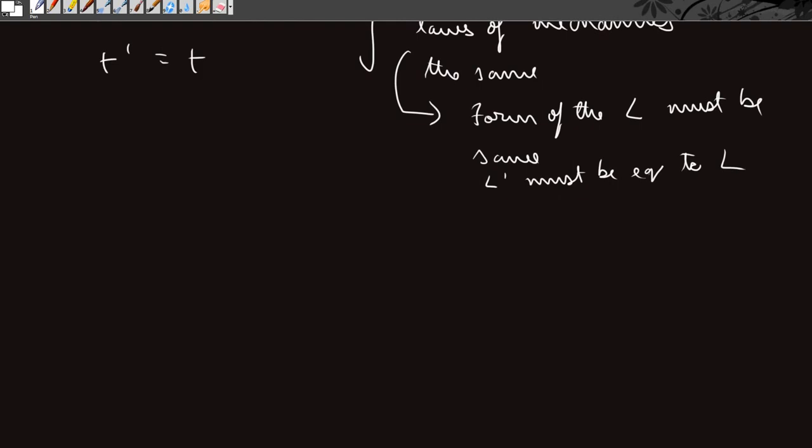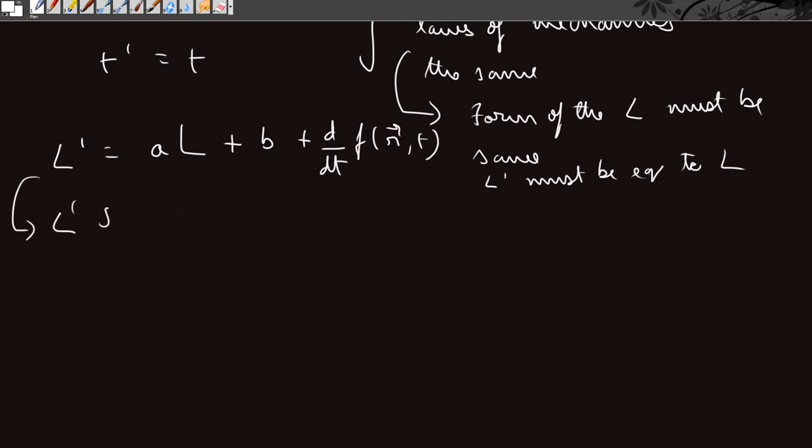And in our lecture about the Lagrangian, we had seen that L dash defined by some constant A multiplied by L plus some constant B plus some total derivative of a function which depends only on the position and time. Such an L dash in terms of the old L, if we define it in this way, then we had seen that this implies L dash and L are equivalent.